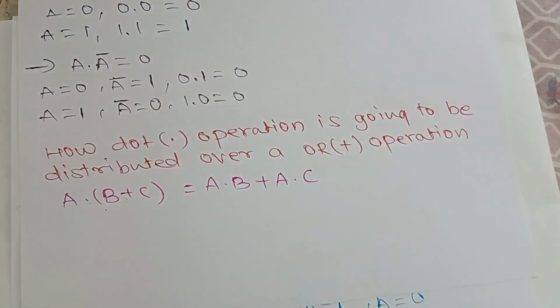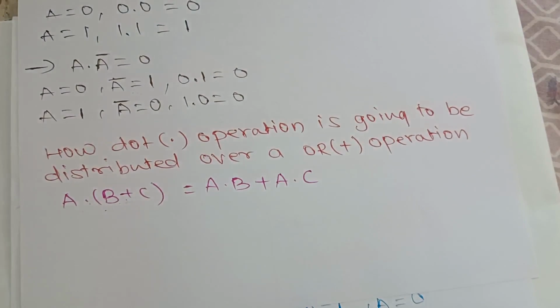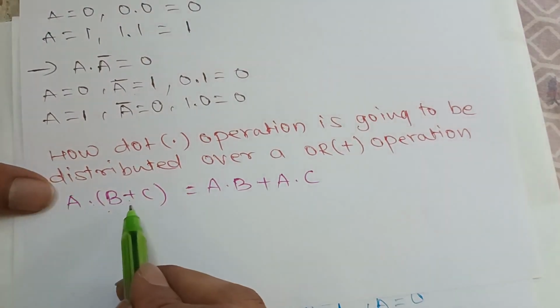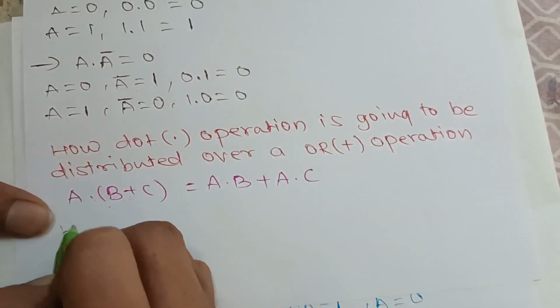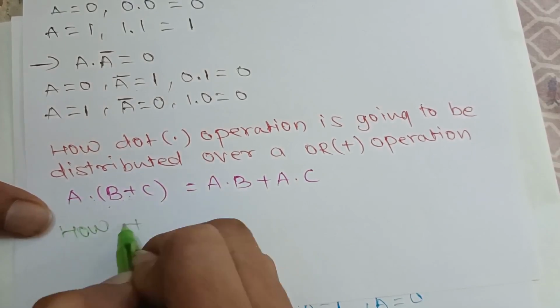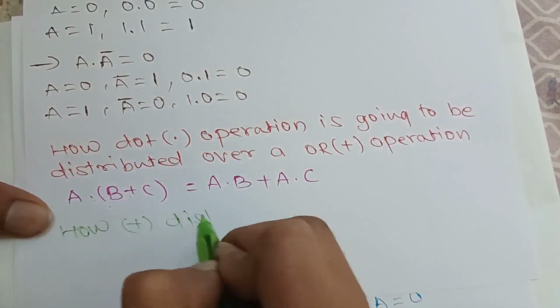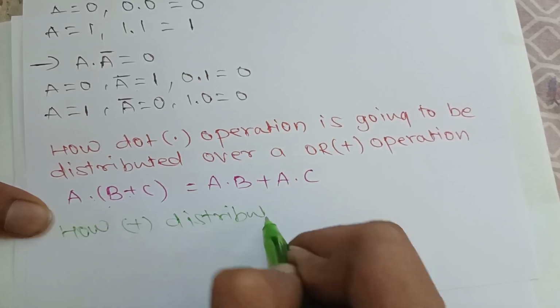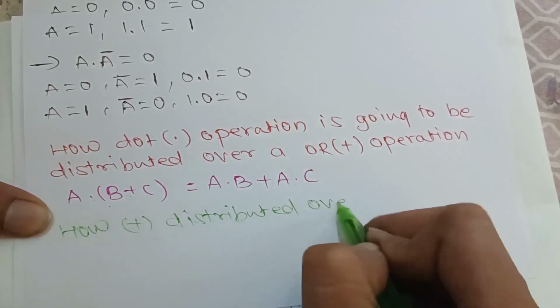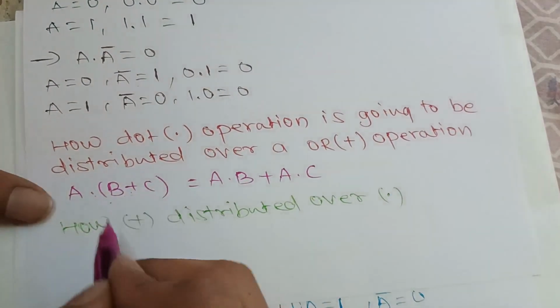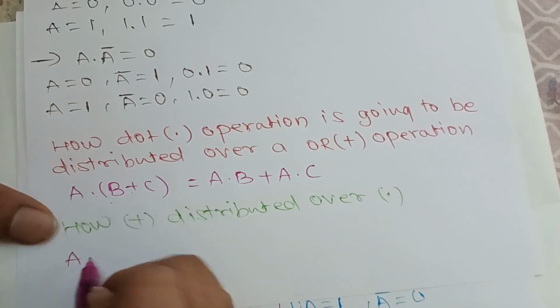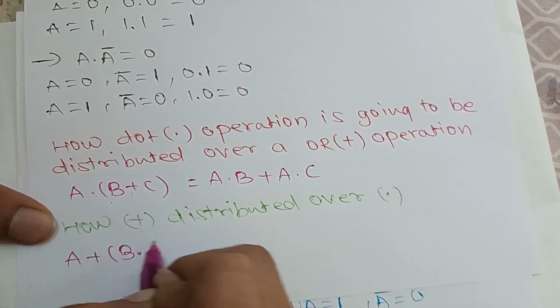Next comes how the plus operation is going to be distributed over the AND operation. How plus is distributed over dot. Take the same example, a plus, bracket b dot c.